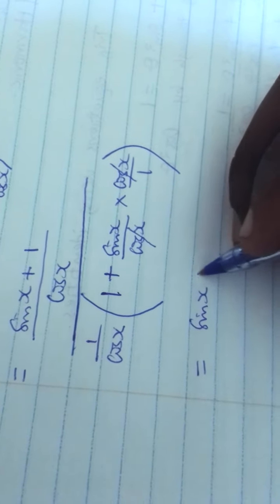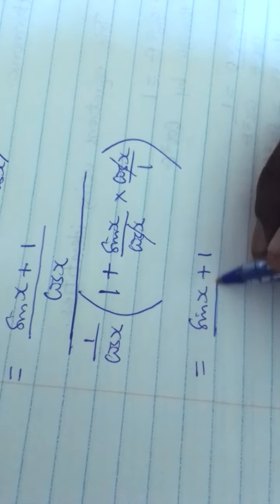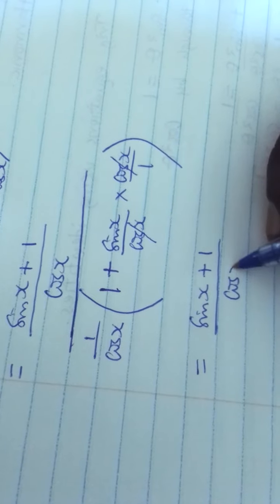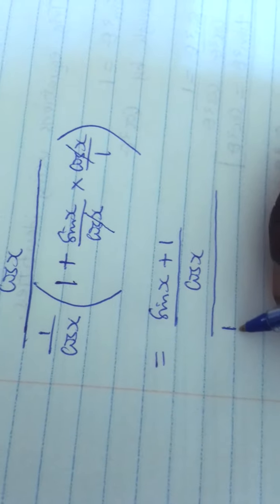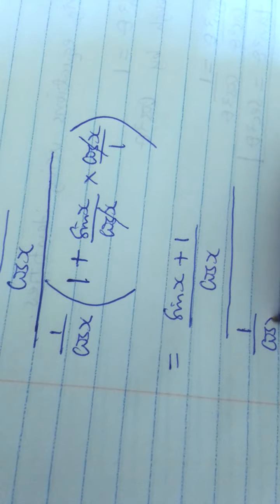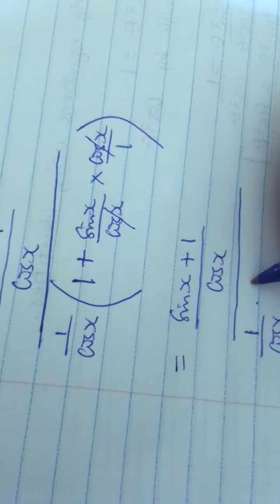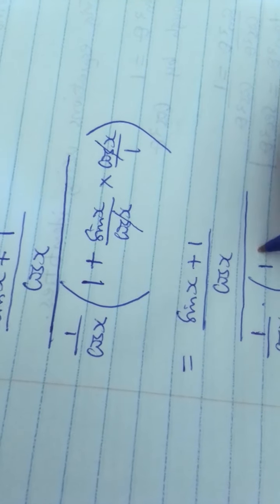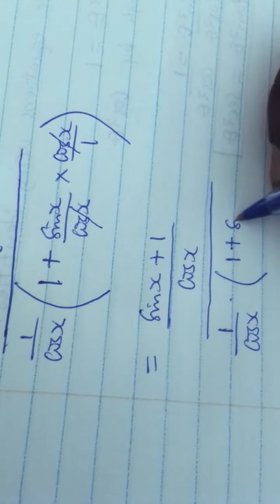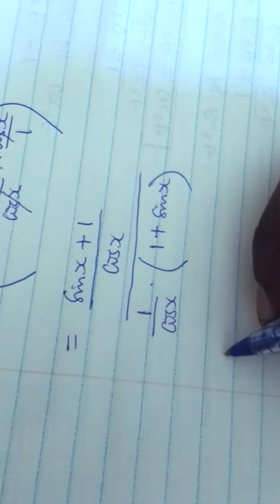Sine x plus 1 divided by cos x, all over 1 over cos of x times bracket. In the bracket we are left with 1 plus sine of x.